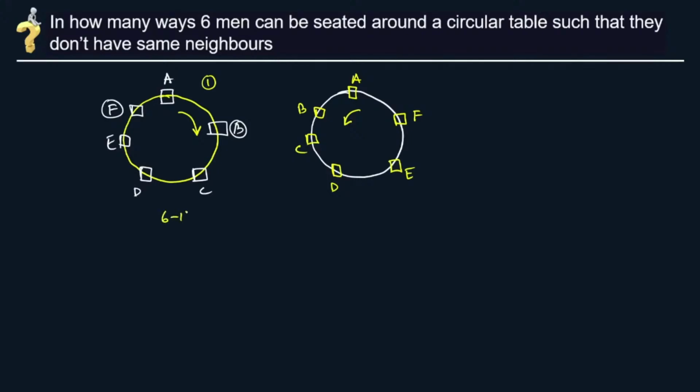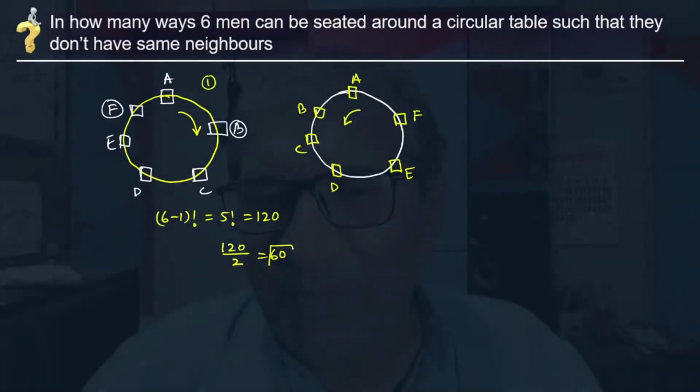It will be (6 minus 1) factorial, which gives us factorial 5, which is nothing but 120. Is it clear? Now, as the clockwise and anti-clockwise arrangements are same, therefore total number of distinct ways will be 120 divided by 2, that gives us 60. Is it clear or not?